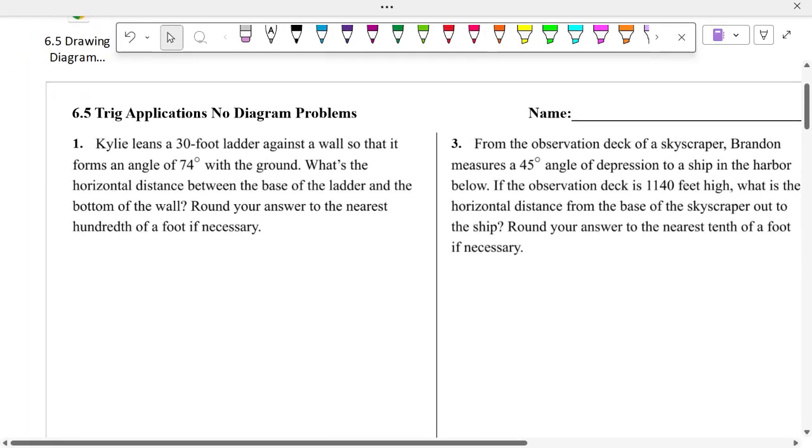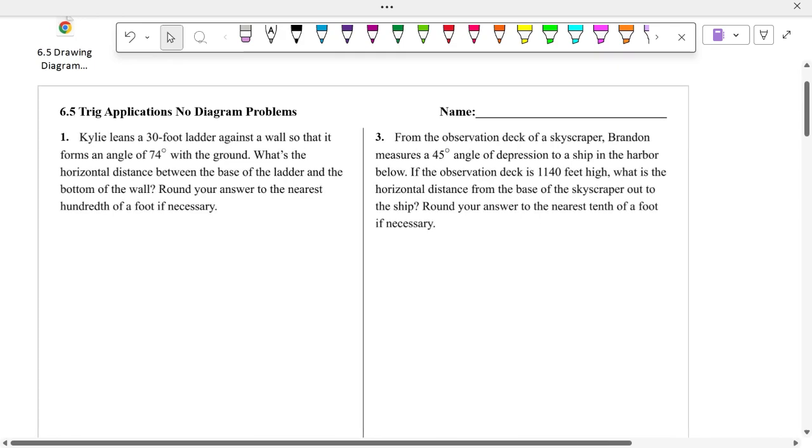So, like I said, these problems are not necessarily hard. The hardest part is just making the picture. All right. So if they don't give you the picture, that's what makes it hard. All right. Because if you don't draw the picture correctly, then it messes up your problem. Okay. So we're going to practice some where you actually have to draw the picture.